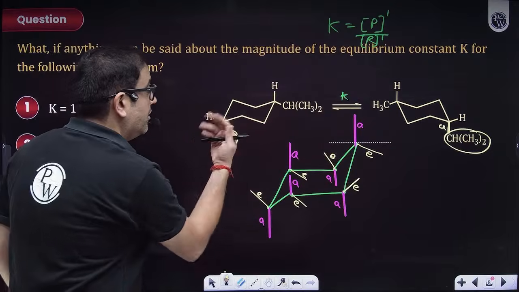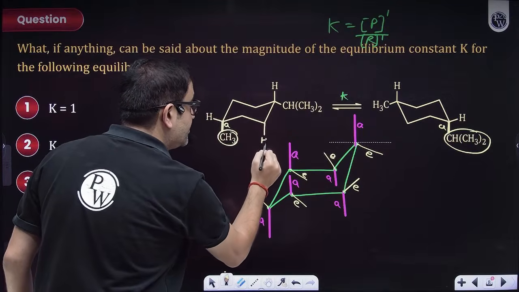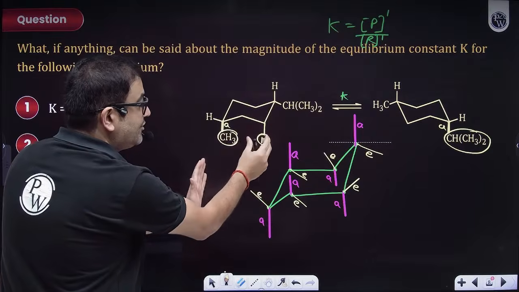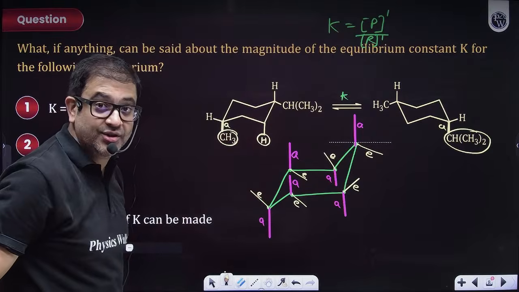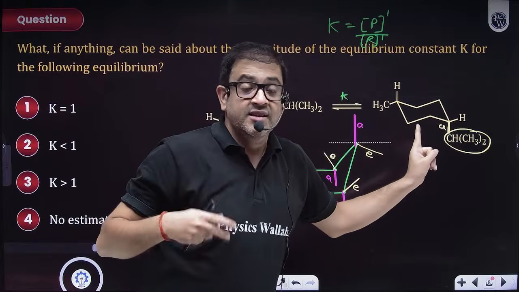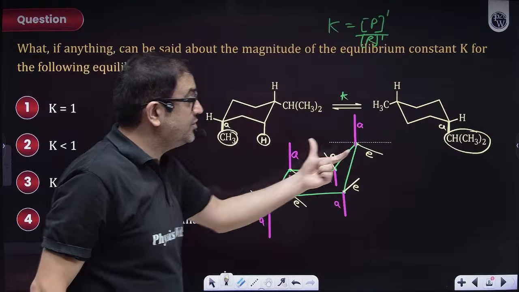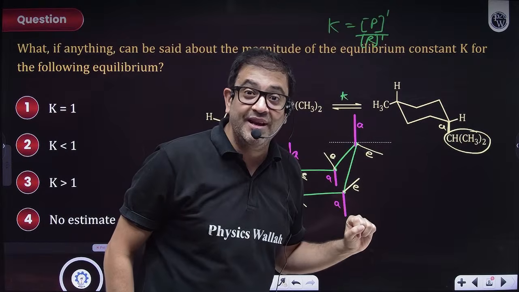Even you have hydrogen, so with this flagpole hydrogen also, they will have repulsion. Rather, at the equatorial position, the repulsion is less. But ultimately this is also having one methyl group in axial position. This is also having one methyl group in axial position.